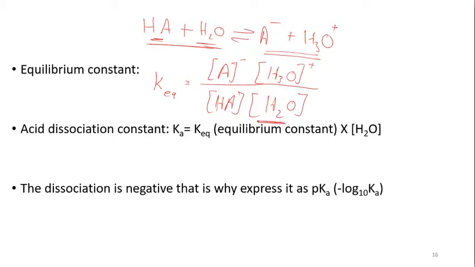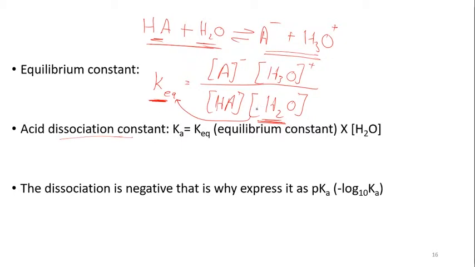Because I know the concentration of water, I can just move it and multiply it by the equilibrium constant, and this will be my dissociation constant. So my dissociation constant is actually the equilibrium constant multiplied by water.